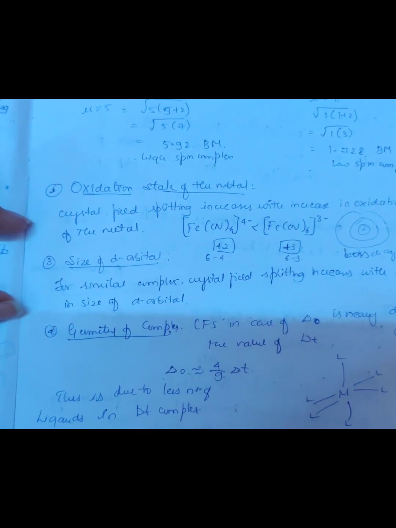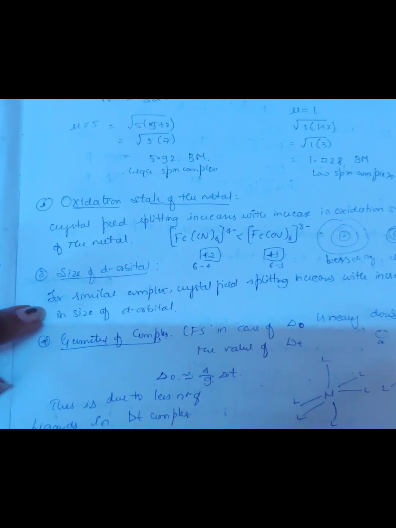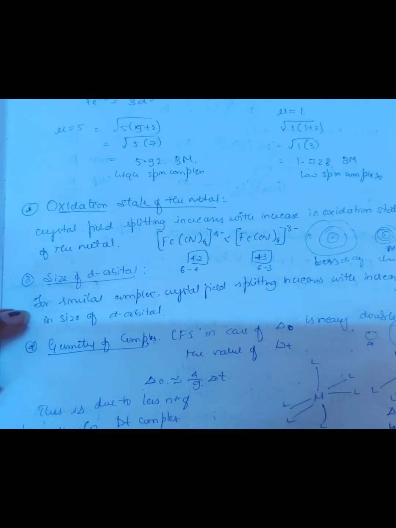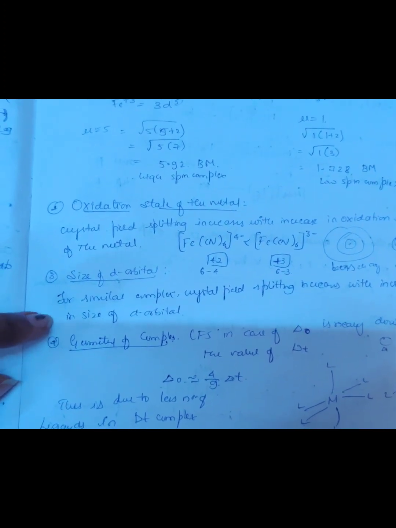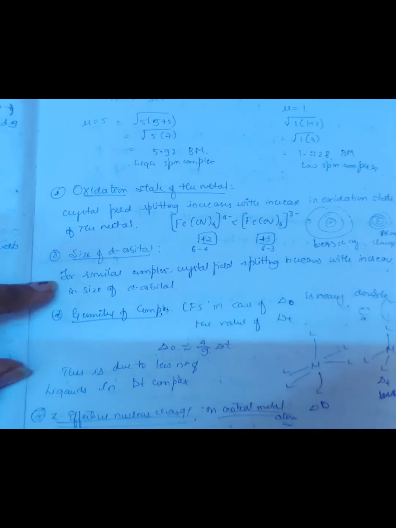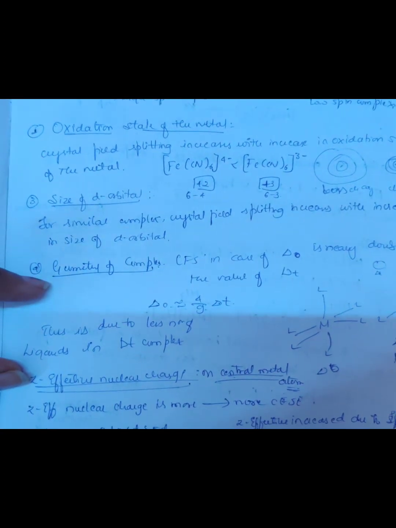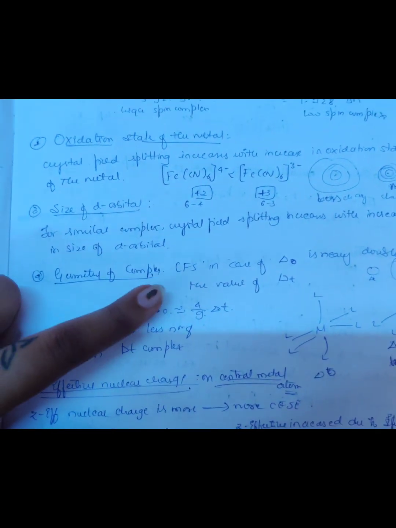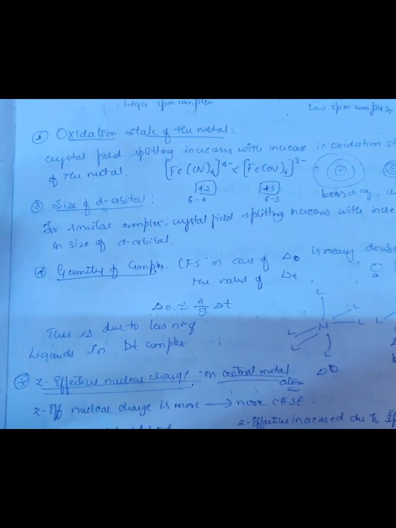Next, moving on to the third factor, that is size of d orbital. For similar complexes, crystal field splitting increases with increase in the size of the d orbital. This one is also directly proportional to the crystal field stabilization energy. Next, moving on to the fourth factor, that is geometry of the complex. This depends on how the complex is formed.